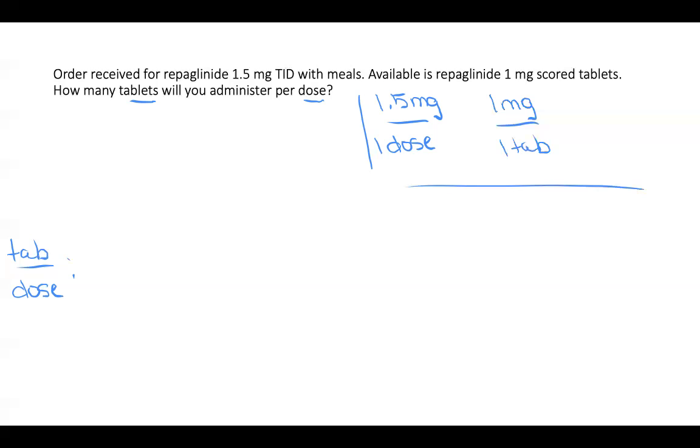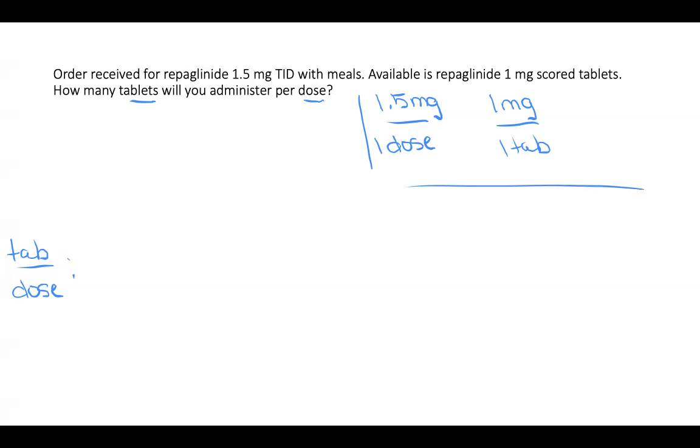Remember, your problem will tell you what you need to plug in. Start here at the left-hand side of your page where you wrote what you were looking for. The very first part of our problem, the numerators need to match. So what we're looking for here, tablets, needs to go here. The very first section of our problem always needs to match. That'll help us not mess up how we're plugging stuff into this problem.